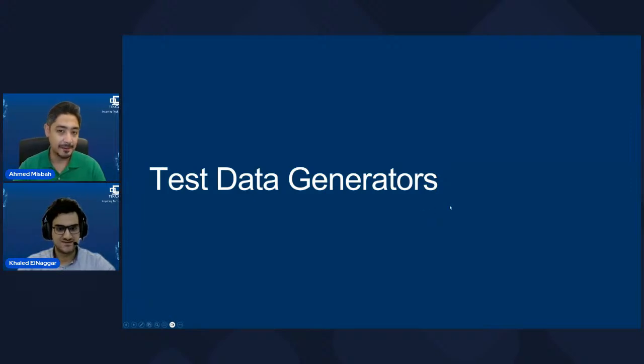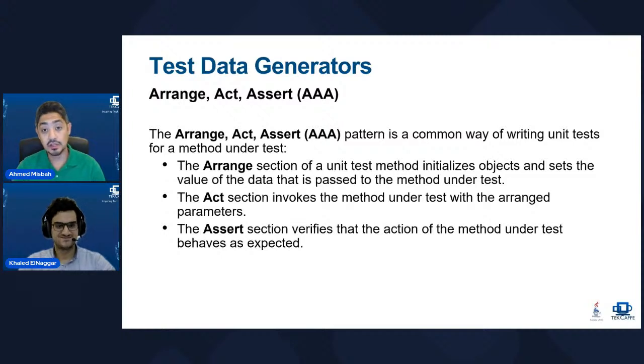Okay, so let's talk about test data generators. When Khaled was doing the demo, he told you that he was going to use the arrange, act, assert to structure his tests. So how does that work? In the arrange section of your test, this is where you initialize the objects and set the values of the data that is passed to the method that is going to be under test.